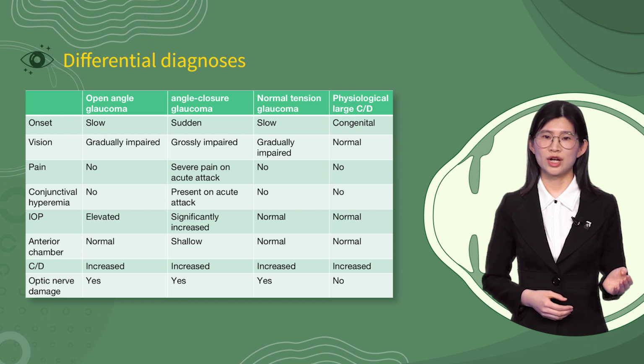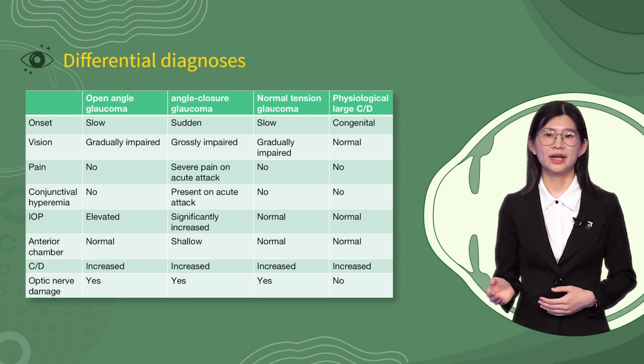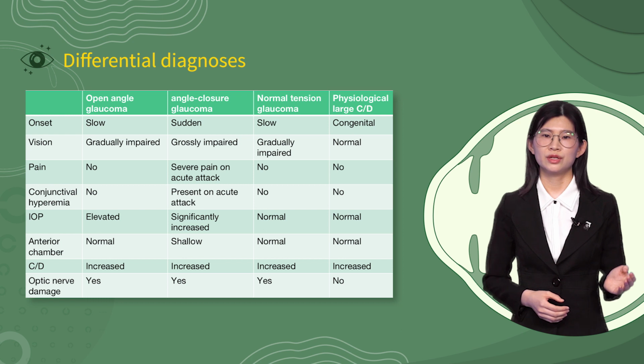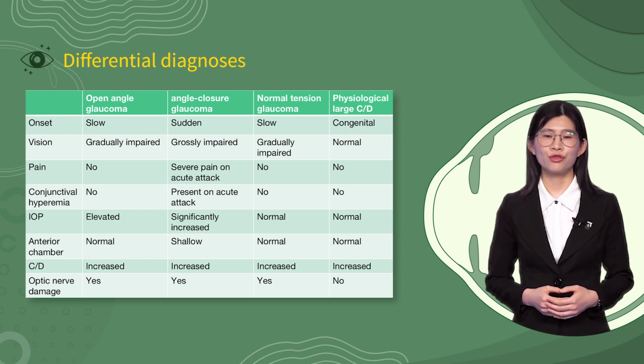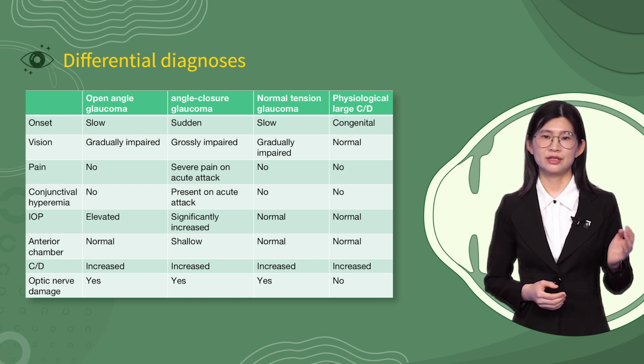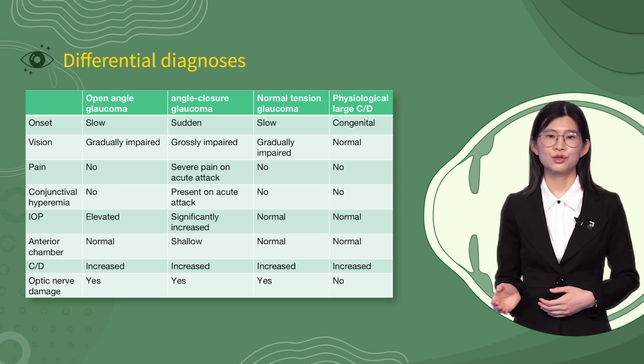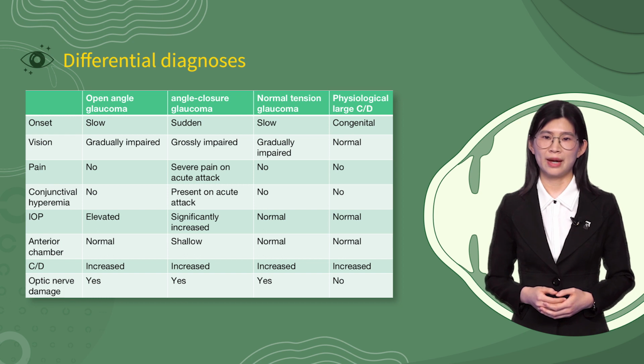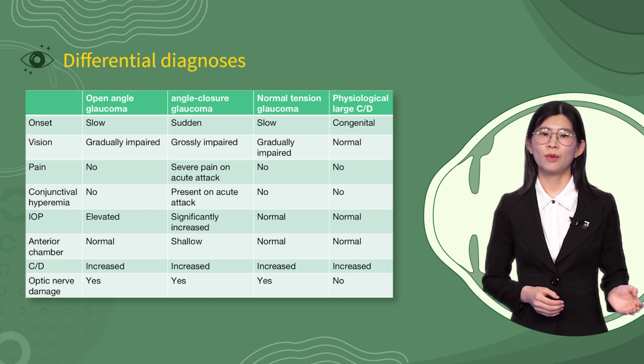The disease progression of normal tension glaucoma is also slow and painless. However, the IOP is normal. The cup-to-disc ratio is increased in both open-angle glaucoma and physiological large cup-to-disc ratio, but the visual field examination reveals optic nerve damage in the former and is normal in the latter.